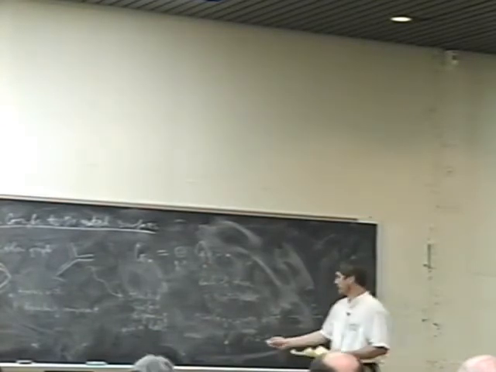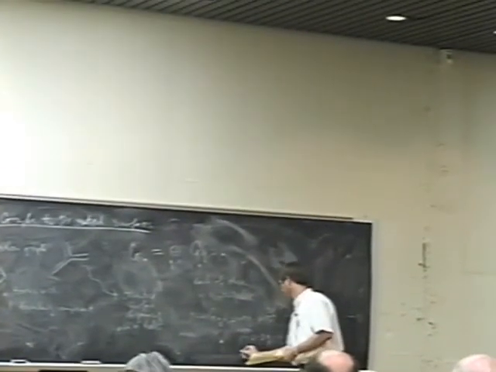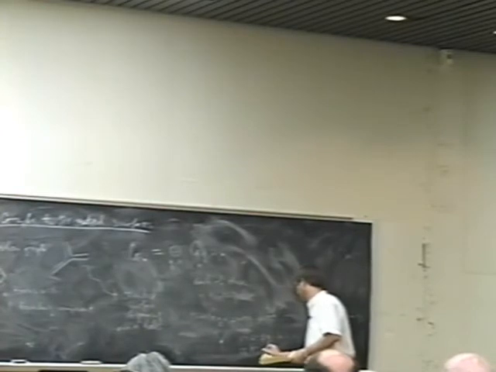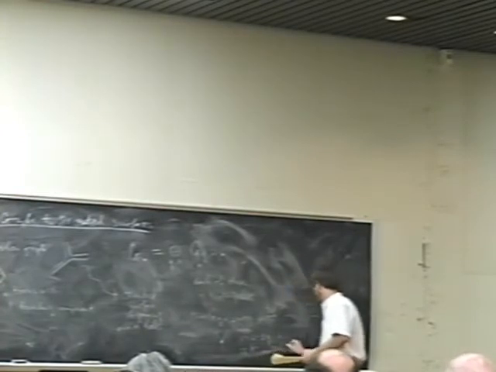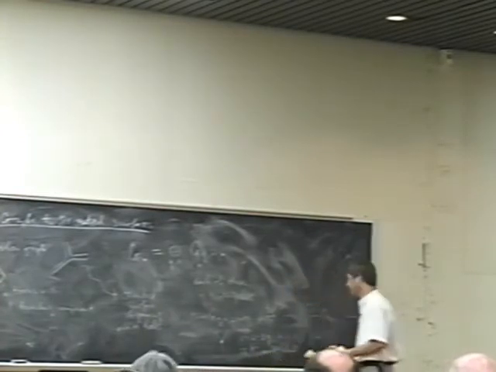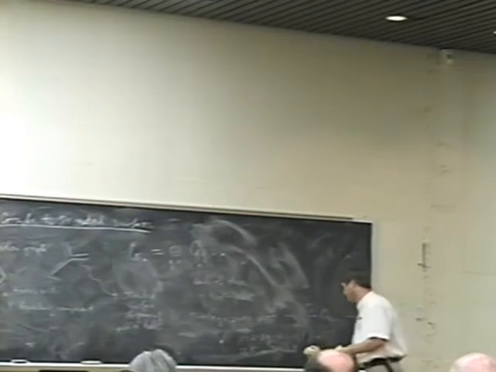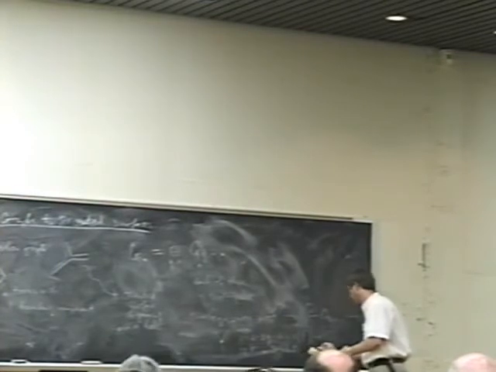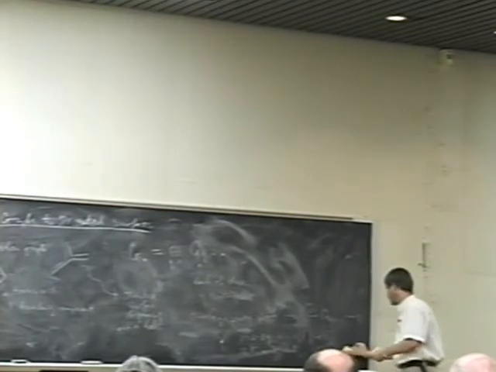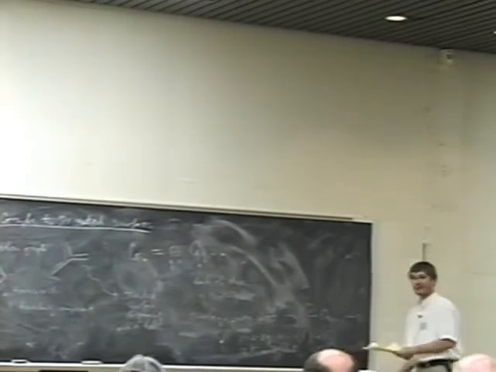And now, if the graph is trivalent, if all vertices have valence 3, then 3 times the number of vertices will be equal to 2 times the number of edges. Right?